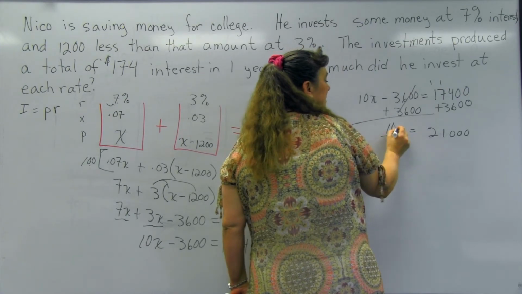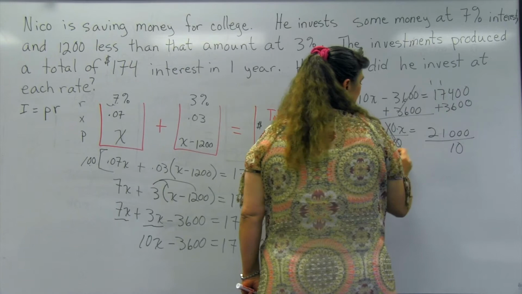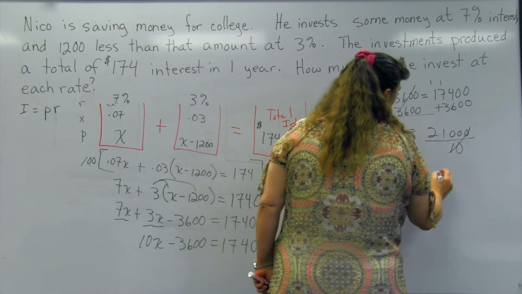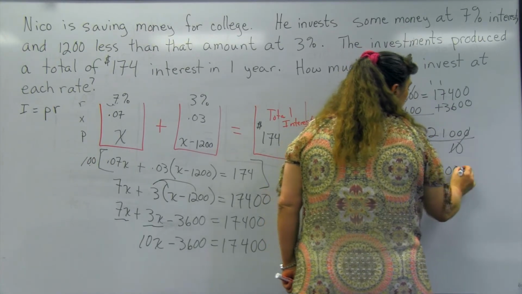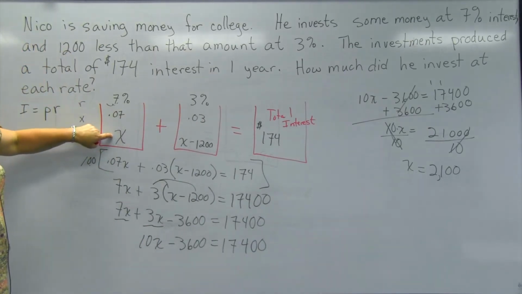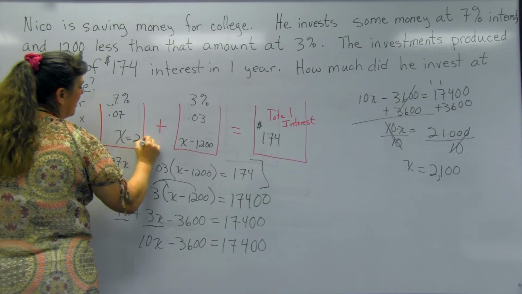Again, divide because this is multiplication. Divide by that 10. That becomes 1, and you have x equals 2,100. So $2,100 is what my x is because that's an amount. So my x is this one, 2,100.